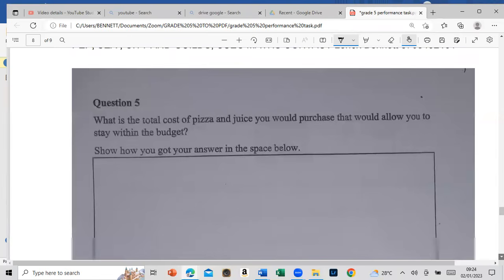All right. It says now, what is the total cost of the pizza and juice you should purchase that will allow you to stay within the budget? Show your working. So guess what? They want you to show the working. I think I've done it up there. So it's 3 times 2,000. That's for the pizza. So that's 6,000.